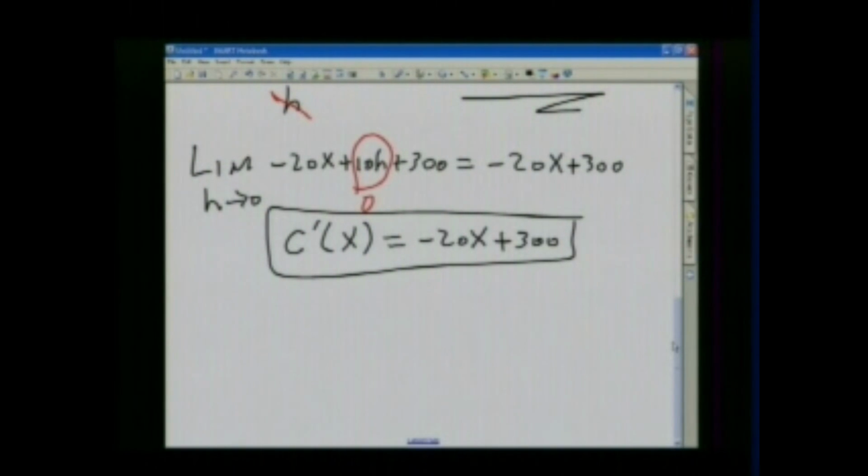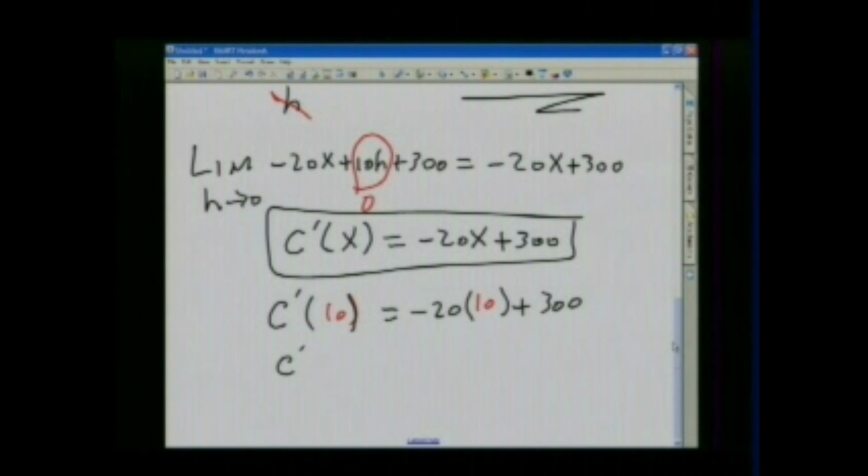Part B here is basically using the definition of the slope. It says, what is the rate of change of the total cost when the level is 10 surfboards a day? The rate of change is referring to the slope. Well, all you do is evaluate this function at x equal to 10. So it would be minus 20 times 10 plus 300.